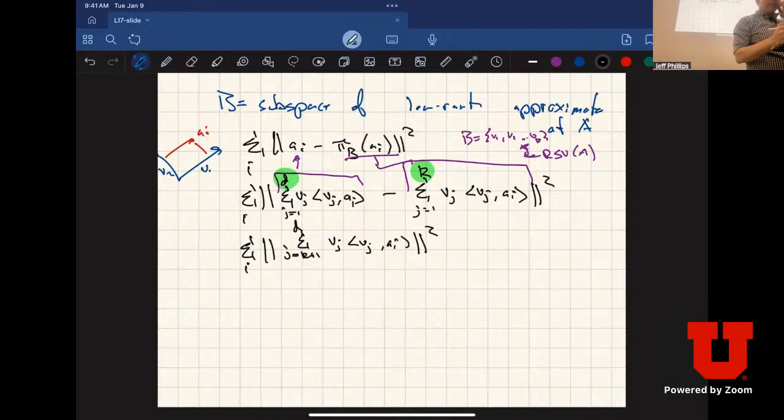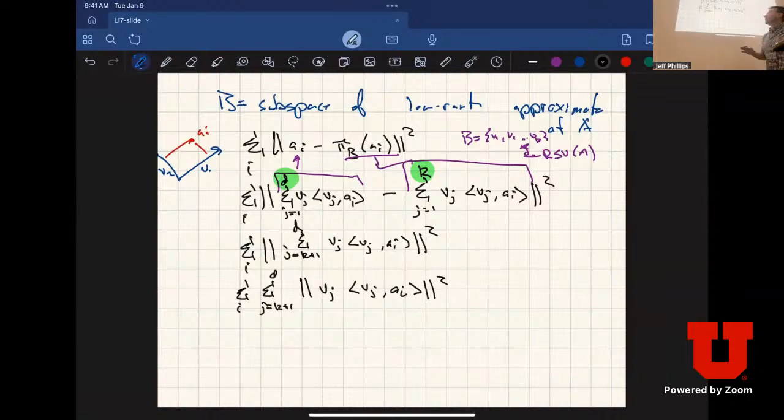Now I can use the Pythagorean theorem to factor the sum out: sum over i, sum over j equals k plus 1 up to d. Because of the Pythagorean theorem and these Vj terms being independent, I can write the distance between two things.